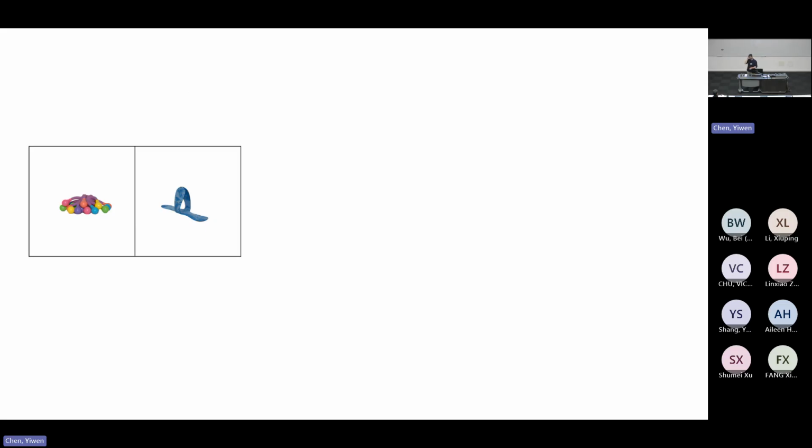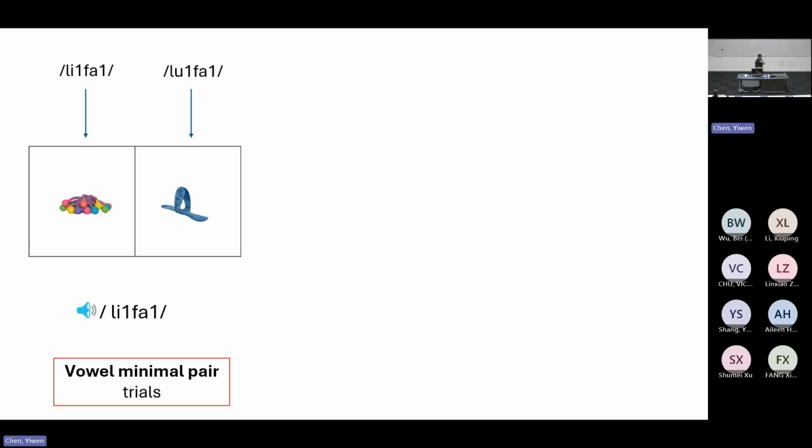And then you have 3 additional ones. So the first one, imagine you hear Lifa, you see these objects, and one of the objects is associated with Lifa, and the other one with something else. So in this case, you have the one on the left associated with Lifa, the one on the right with Lufa, right? And Lifa and Lufa form a minimal pair, a vowel minimal pair, right?